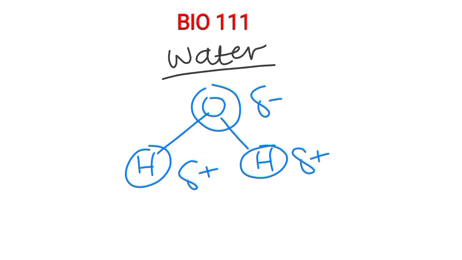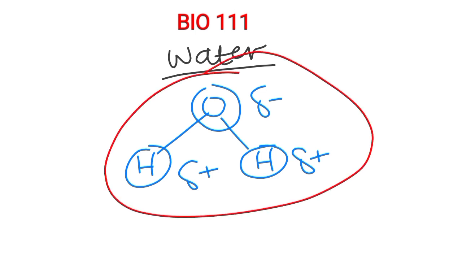Since oxygen is more electronegative and more electrons are going to go to oxygen, here is what is happening. Since we have a covalent bond here, there is some sharing of electrons. That's a covalent bond and that's a covalent bond.